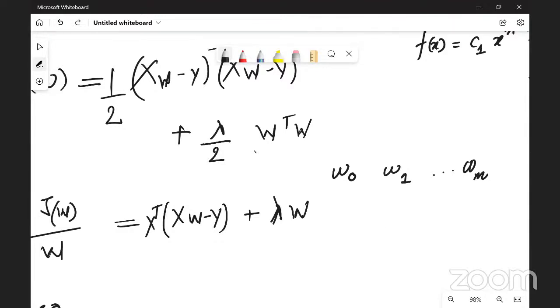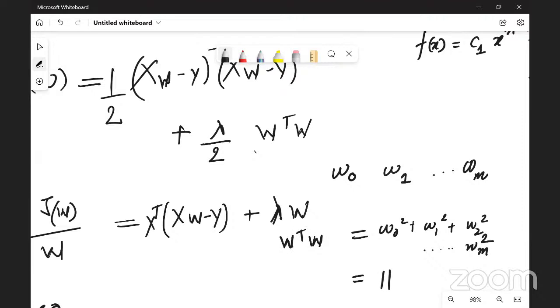So W transpose W would be W0 square plus W1 square plus W2 square up to WM square, which is W transpose W, and which is also the square of the second degree norm of this quantity.